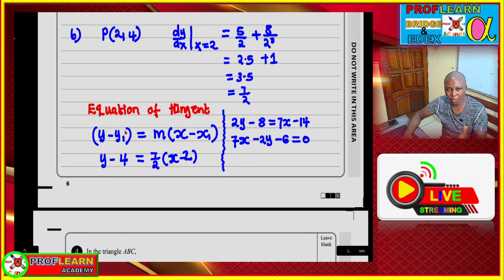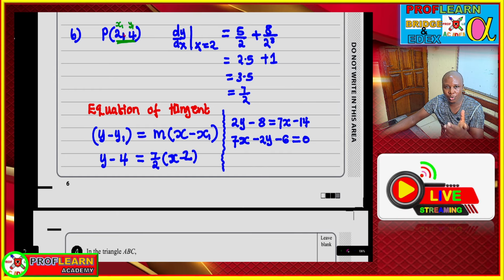This is the general way of finding the equation of a straight line, which is y minus y1 is equal to m, where m is the gradient, times x minus x1, where x1 and y1 are the coordinates that you know. For this case, the coordinates that we know, where the line passes, are 2 and 4. So we shall assign this as x1, and we shall assign this as y1.